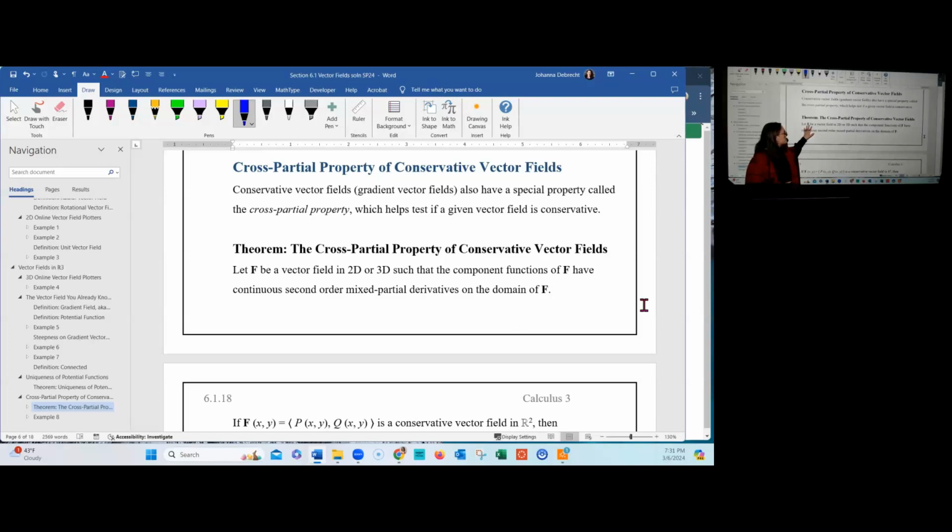Let uppercase F be a vector field in 2 dimensions or 3 dimensions, such that the component functions of it have continuous second-order mixed partial derivatives. If they're continuous second-order mixed partial derivatives, by Clairaut's theorem, we know that the mixed partials must be equal to each other.